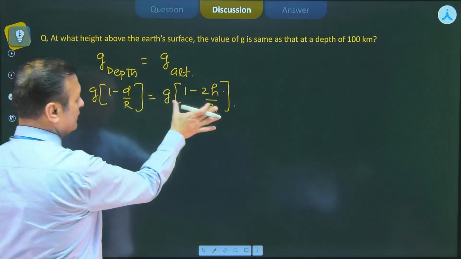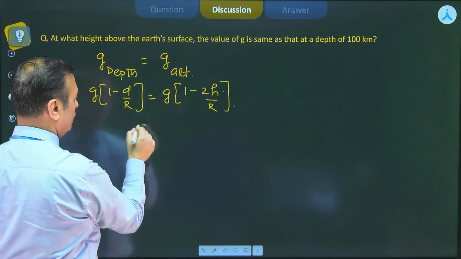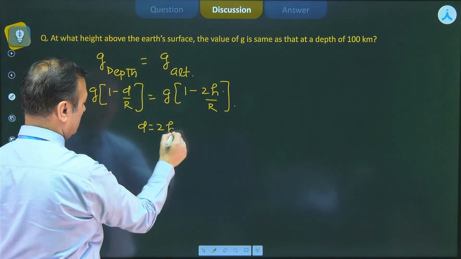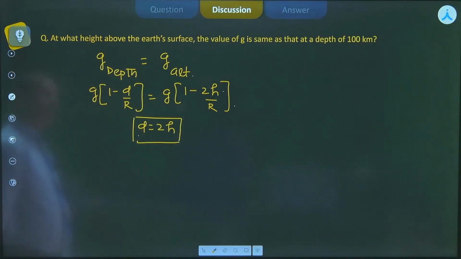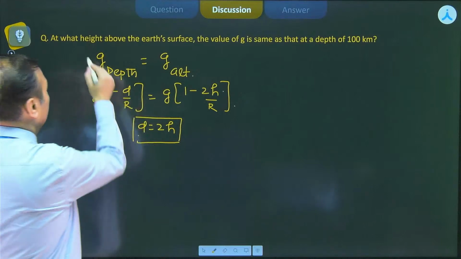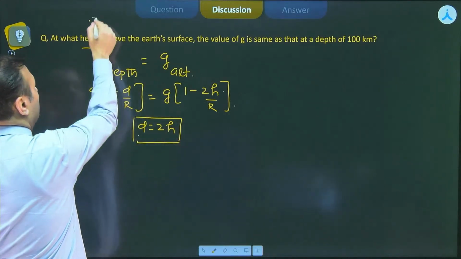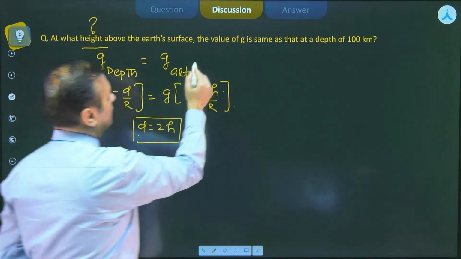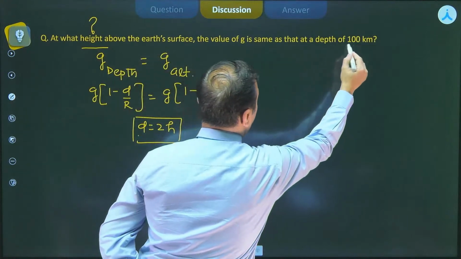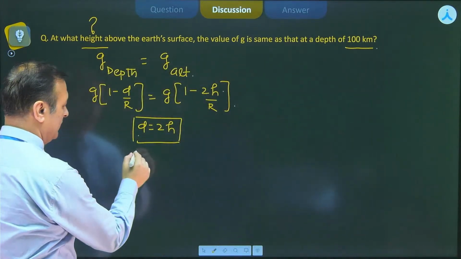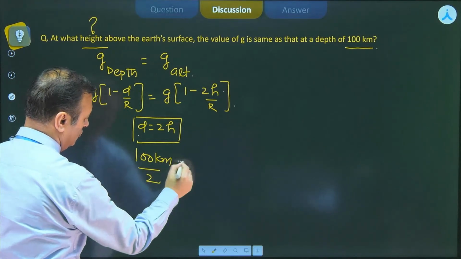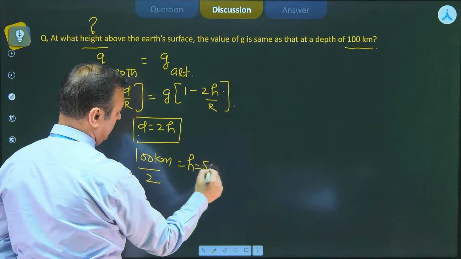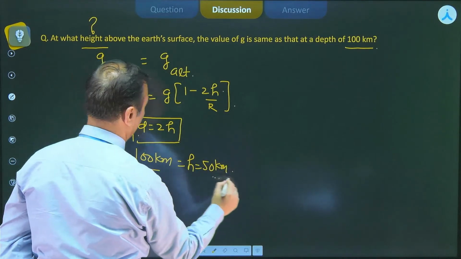So when you compare, these two values are same. So when you look at it thoroughly, you will get this value d as same as that of 2 times height. At what height? So in the second, we have to find out height. The value of G is same as that depth of. So depth is 100 kilometer by 2, and that will give me the height as 50 kilometer only.